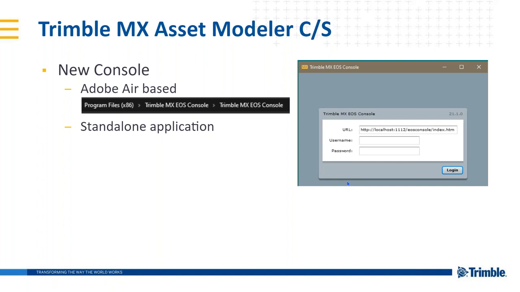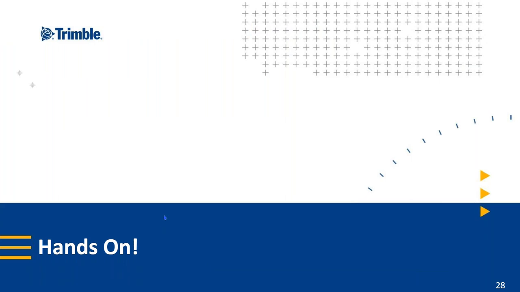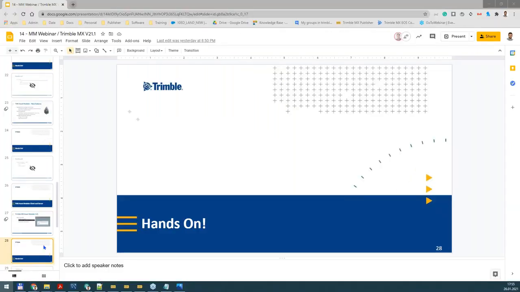So that's all on the asset model client and server side, and Miguel will show you right now how this new console looks like and how you can access your console functionalities from it.